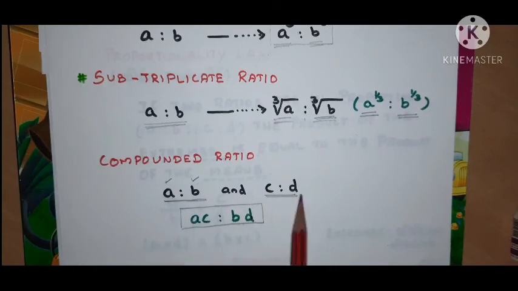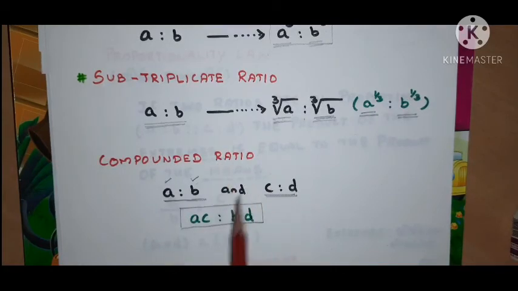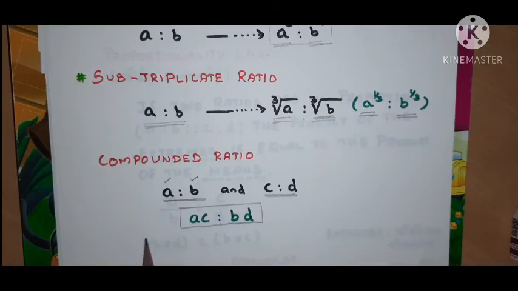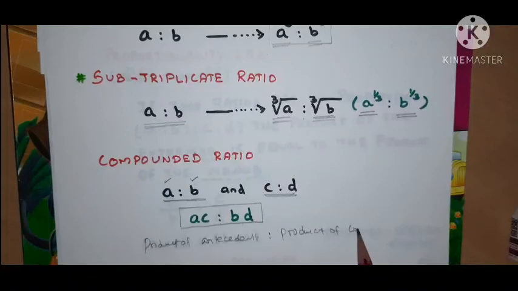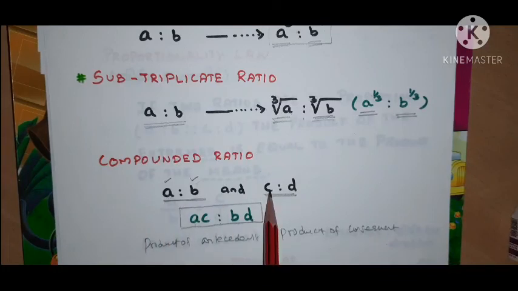If two ratios are given, then its compound ratio can be written as product of antecedents is to product of consequents. That is, the antecedents in these two ratios are A and C.